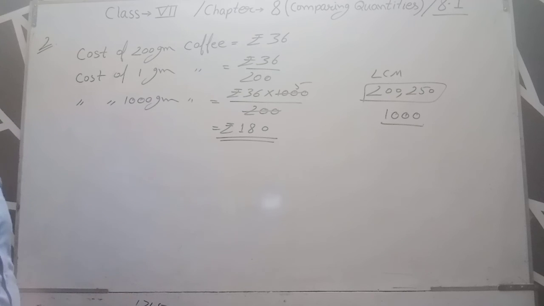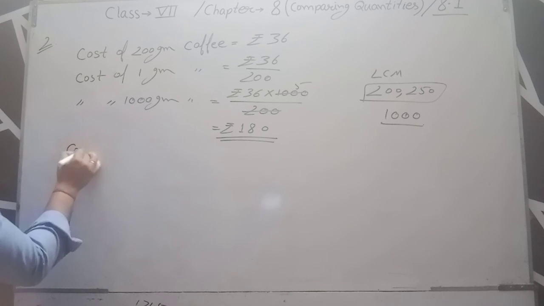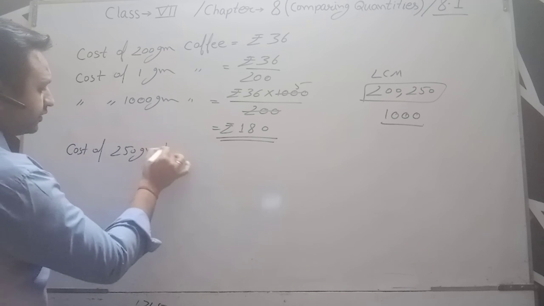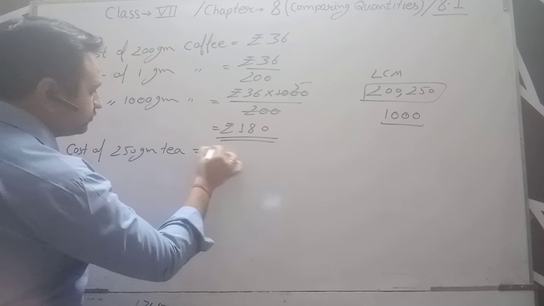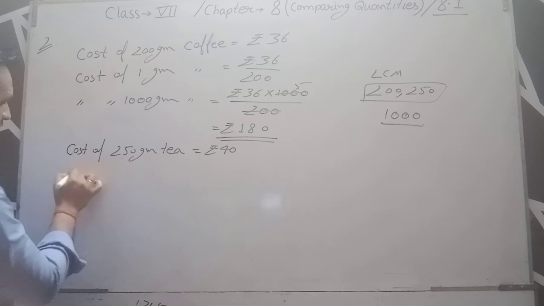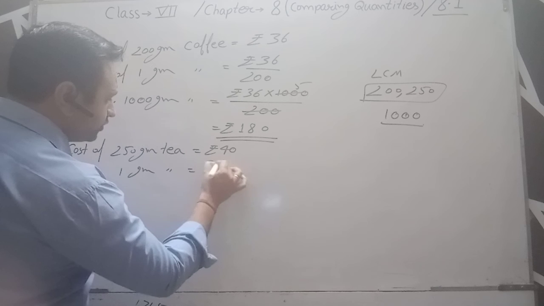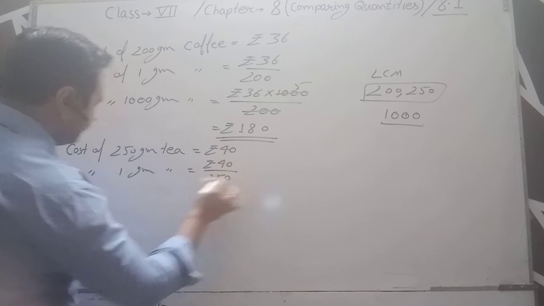Similarly we have to find the cost of 1000 gram tea. Firstly we note down the cost of 250 gram tea. It is ₹40. Cost of 1 gram tea is ₹40 upon 250.